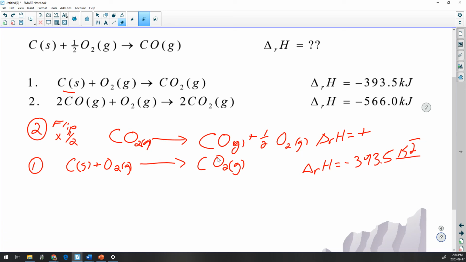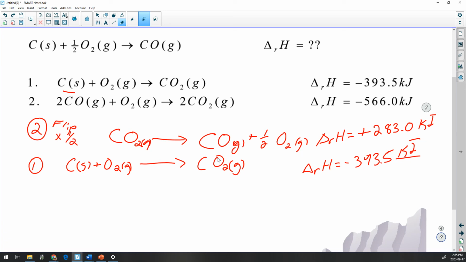So I also multiply the energy. So I multiplied the 566 by 1/2, and I changed the sign to indicate that this is an endothermic process.